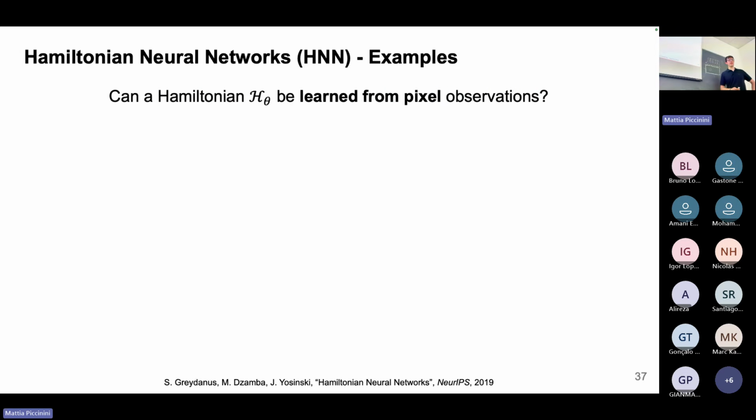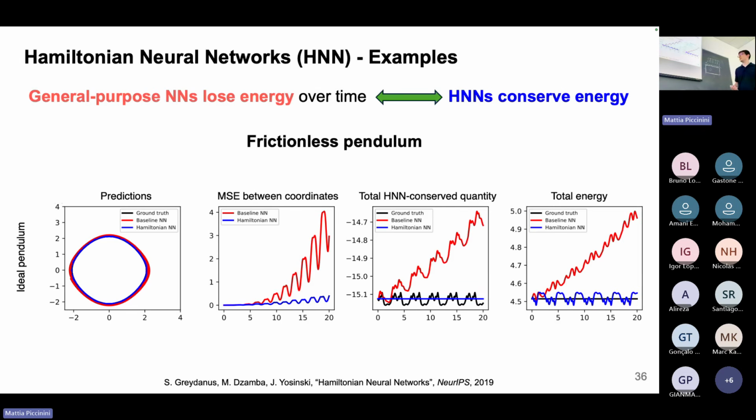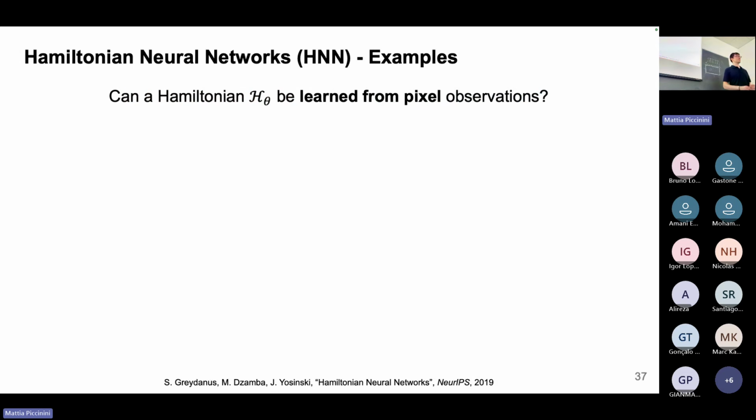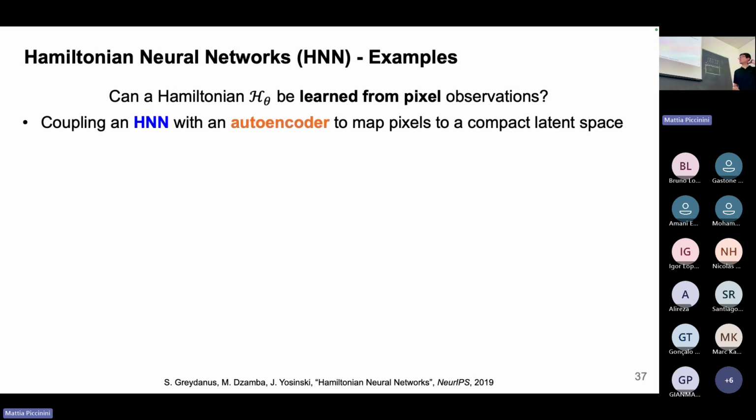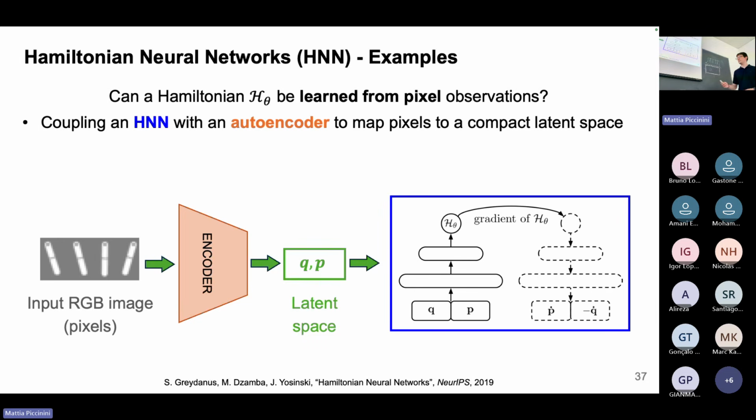And then the last thing for today is, can we learn the Hamiltonian from coordinates, from the coordinates of the pendulum or of a spring? But what if we have only images as input? Maybe our robot has a camera, we see the images, and we want to learn the Hamiltonian from pixel observations. Some authors propose to start from an RGB image of the pendulum that moves.